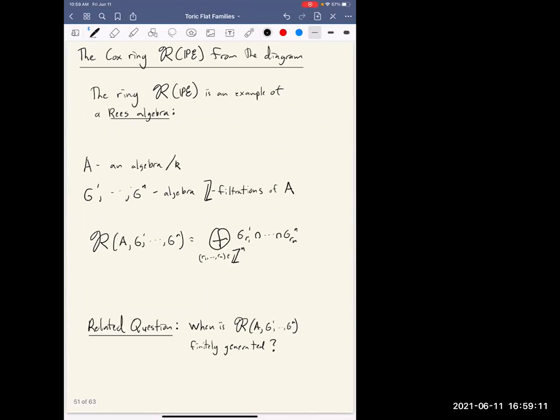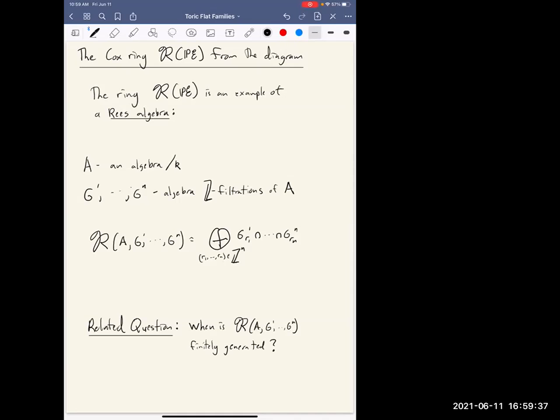Okay, so why do this? So the upshot is that the diagram is information that gets us closer to a description of the Cox ring. So the way that works is that the Cox ring of a projectivized toric vector bundle is, as I guess every Cox ring is, a nice example of a multi-Riesz algebra.